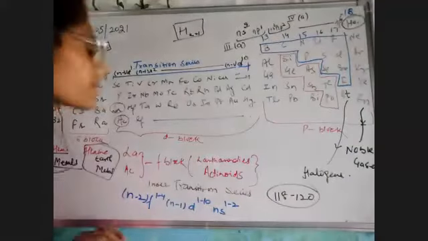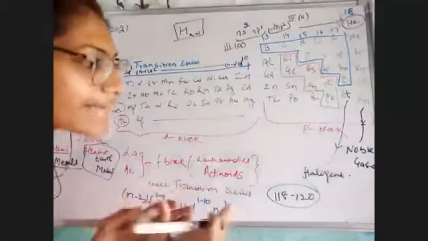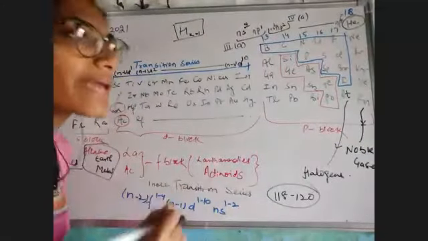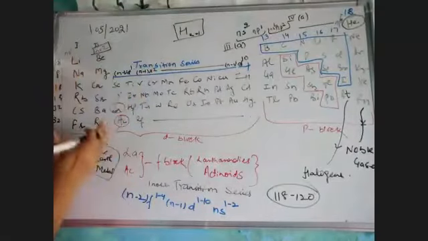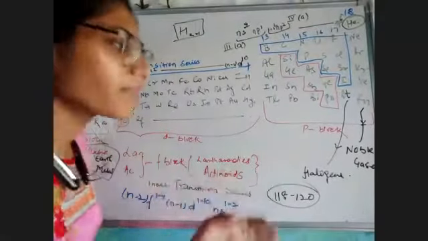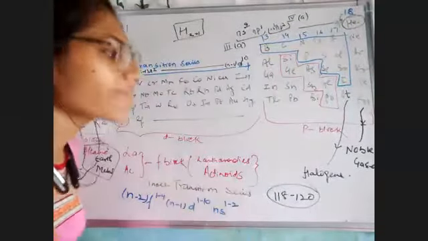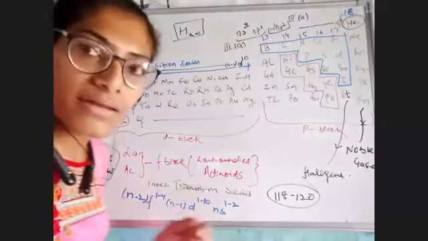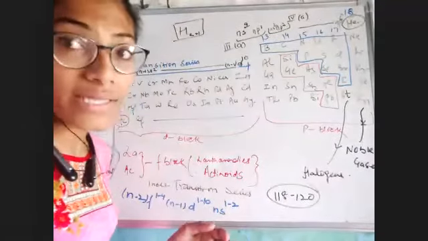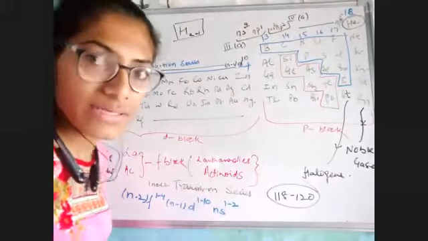Now the point is our S block and P block combinedly are known to be main group elements. अगर मैं S block और P block elements को combine कर दूं, जोड़ दूं, तो we have called them the main group elements. Clear?